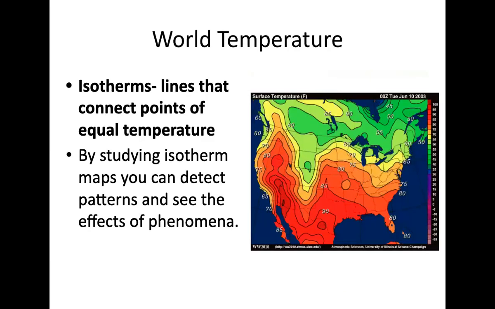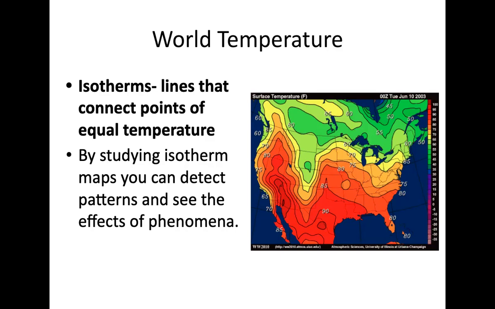So the world temperature map, has anybody ever seen a picture of one of these? Where might you see these? The news, okay, the Weather Channel, right? These show isotherms, and isotherms are lines that connect points of equal temperature.